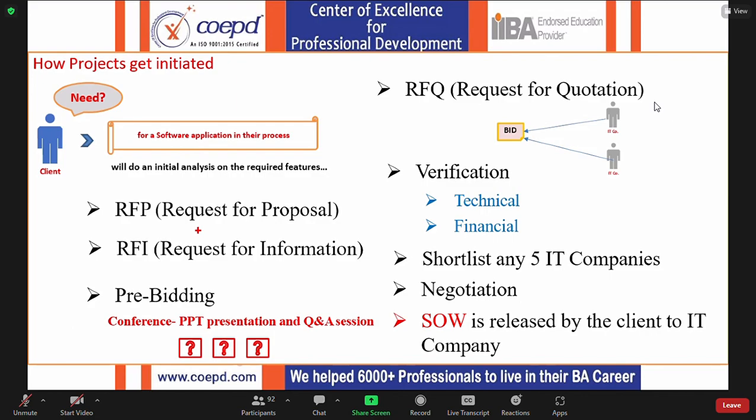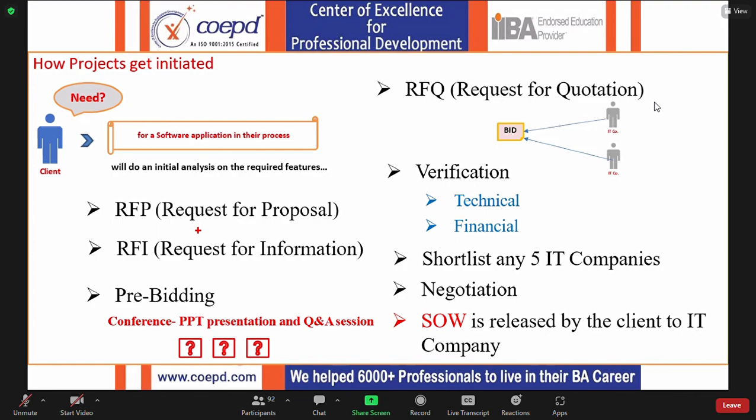If you are assigned this particular task, then you will be involved, because as a senior BA you have ample experience in how to negotiate the project. The ultimate goal of the company is to crack the project, right? So we need to know the process. It doesn't mean that every one of us is going to be part of it.